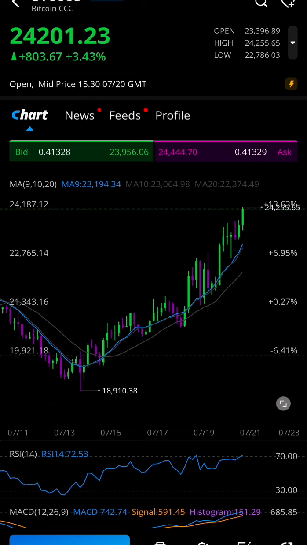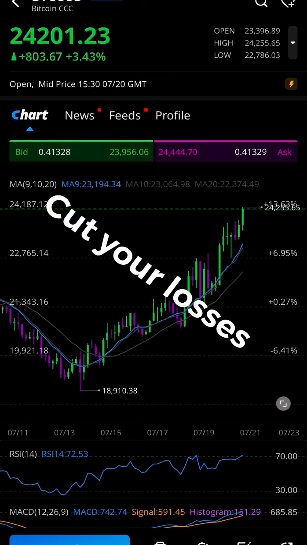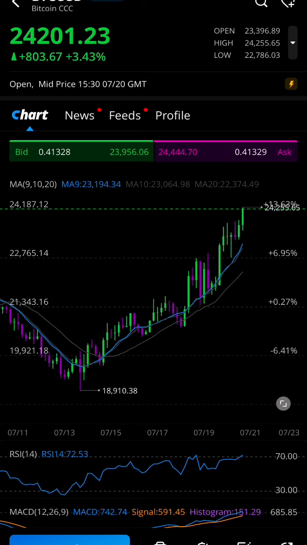Because if you constantly take small profits, it's going to add up and it's going to overcome what your losses are. Even if they are small losses, you want to minimize how many losses you are taking. So whenever you start to actually lose a little bit, it's called cut your losses. So essentially what you want to do is cut your loss.